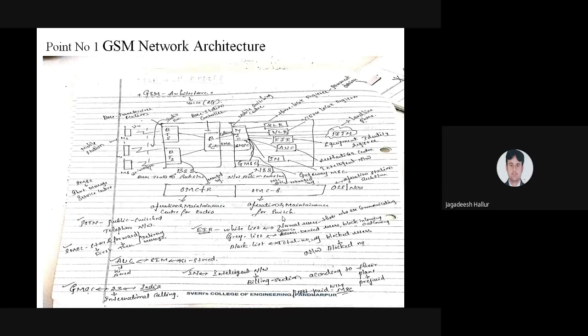Those contact numbers come under the gray list. And the black list is the numbers blocked by the network. That is the equipment identity register.